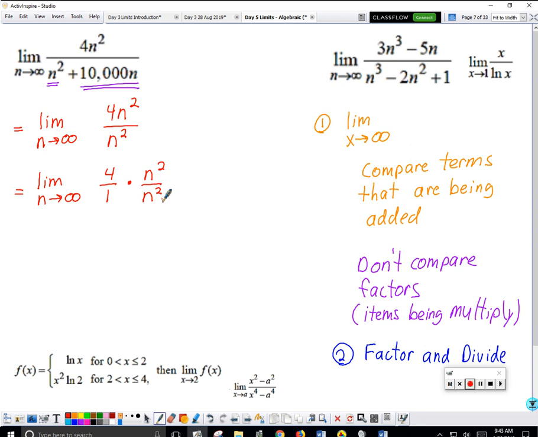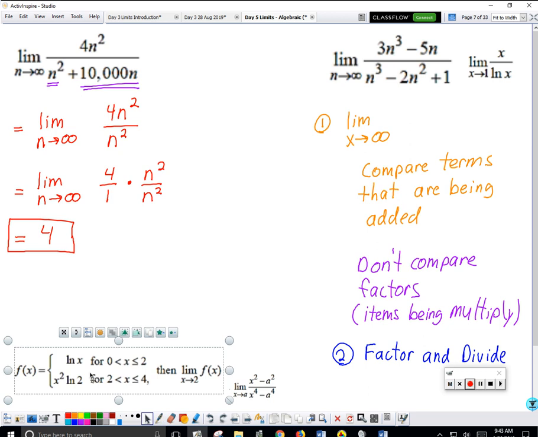As n gets bigger and bigger, this becomes 1. This becomes 4. So basically, for this function, if you have an x-coordinate that's really big, the y-coordinate will be very close to 4. So we found the value of the limit. The limit's value is 4. So how do we find 4?